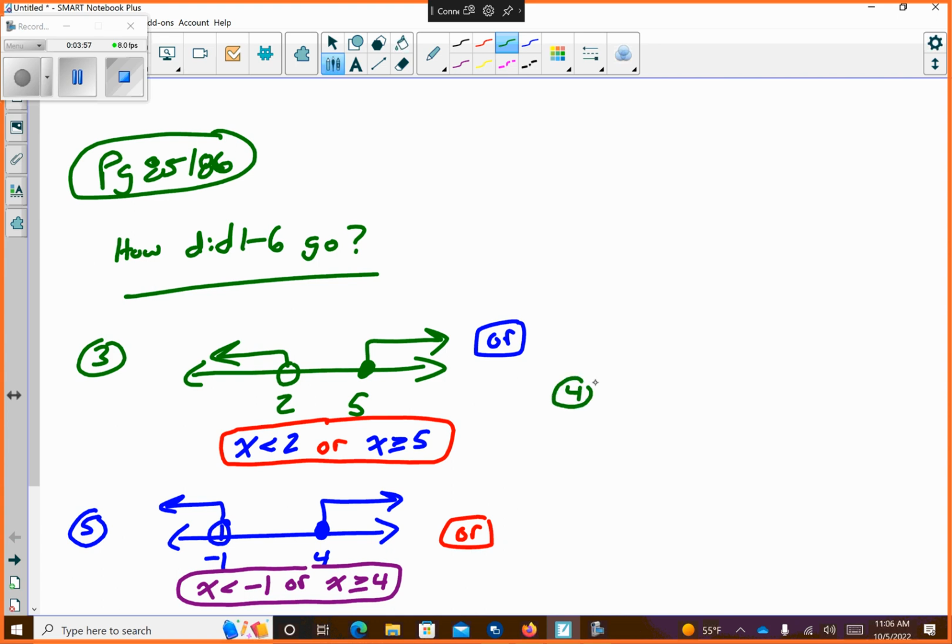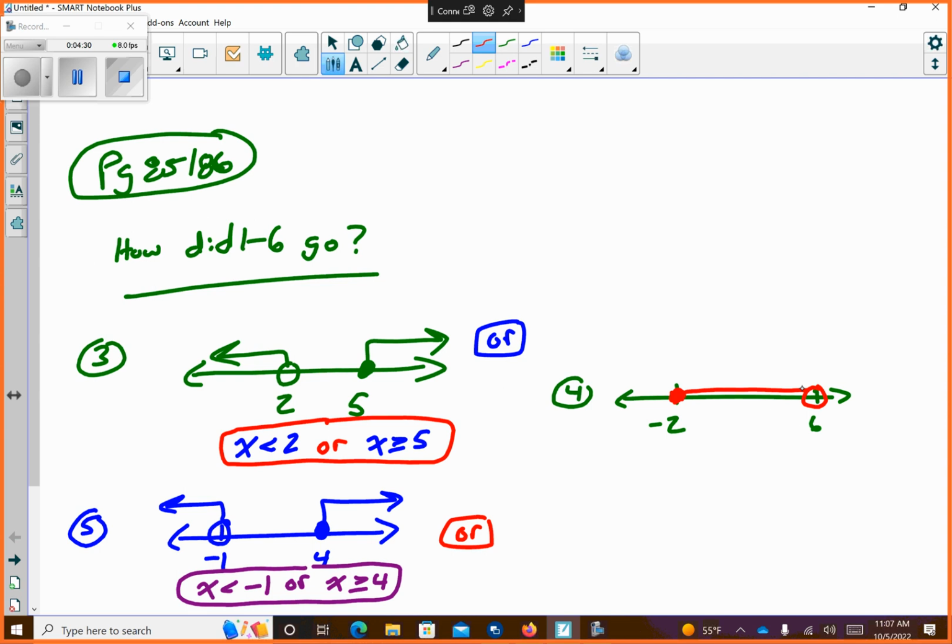Number 4. So I think I have this for -2 is a solid dot. This is an open dot. All right.